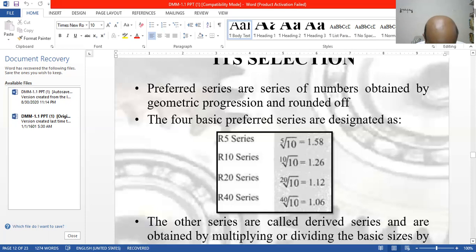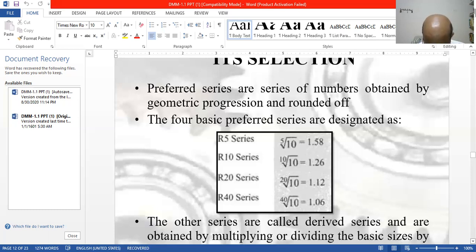Now we have seen the basic series of preferred numbers according to IS code 1076 part 1, framed in 1985 and reframed in 1990.